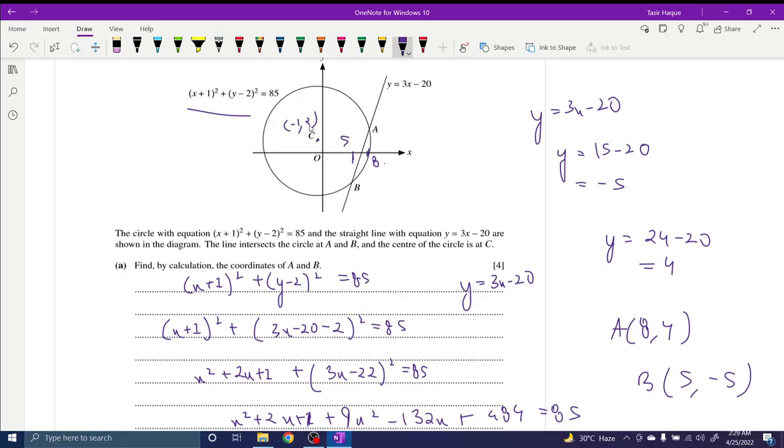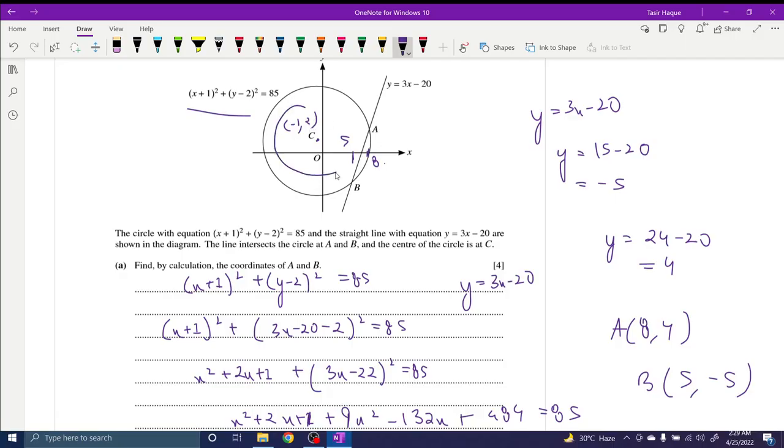Now think about it, since it's the tangent, it's going to intersect at one point only.